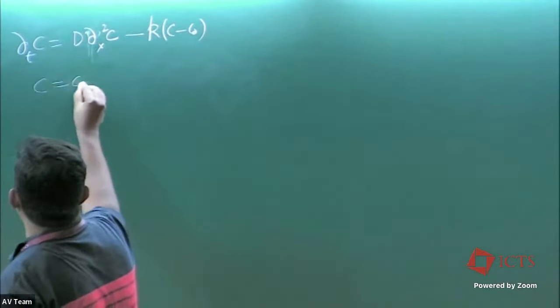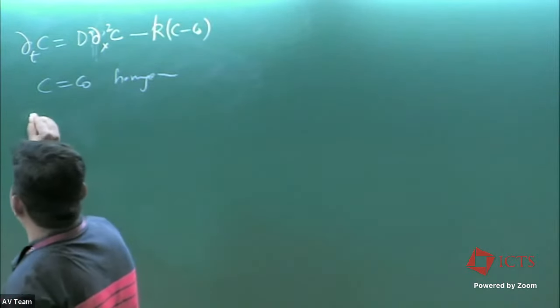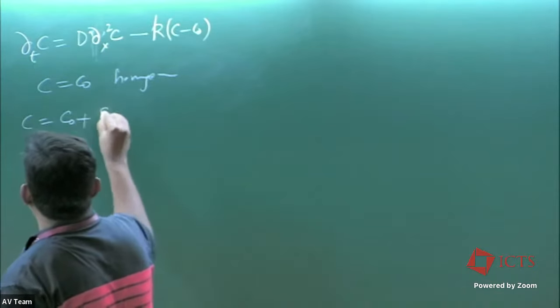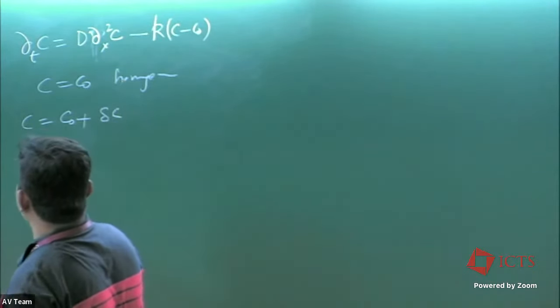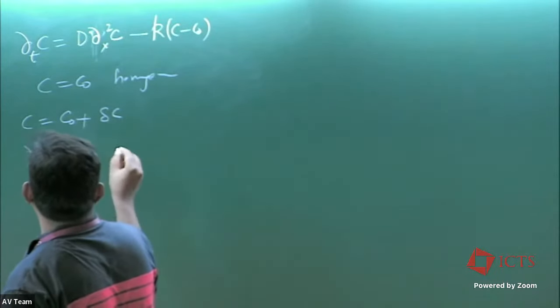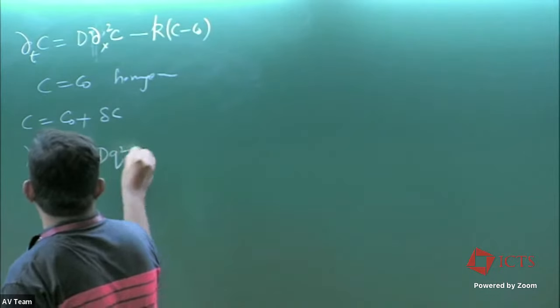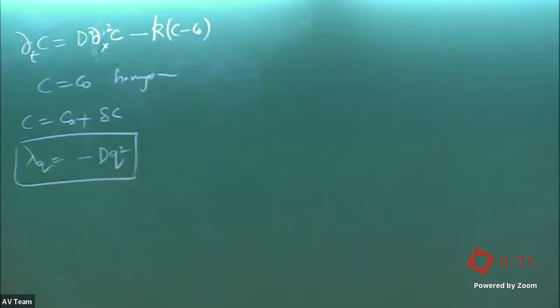So C equal to C naught is a homogeneous state. Please do some perturbations, delta C, with amplitude going like e to the iqx, and show that the growth rate will be basically something like Dq squared minus k.